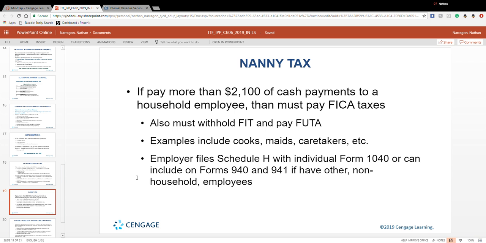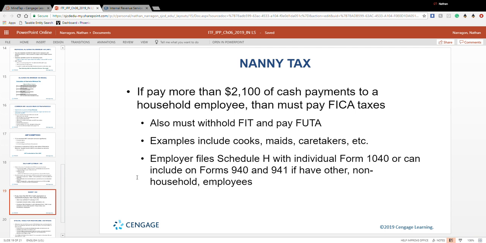And this is basically if you pay more than $2,100 of cash payments to a household employee, we actually have to start paying them wages or paying the FICA tax. Okay? And sometimes you actually have to withhold federal income tax and pay unemployment.